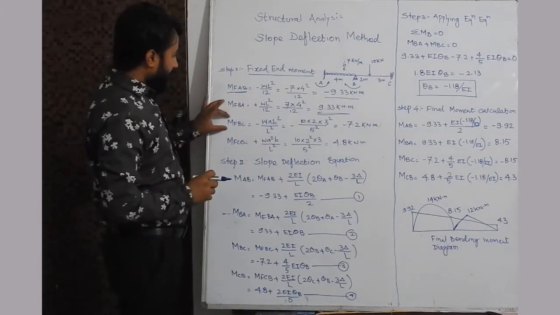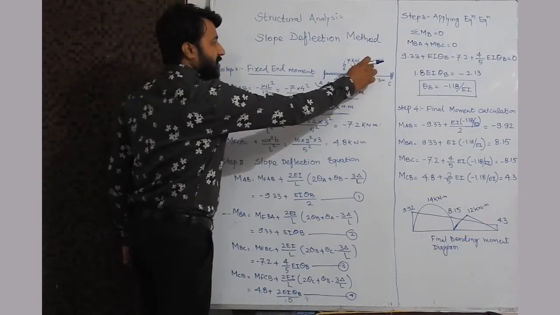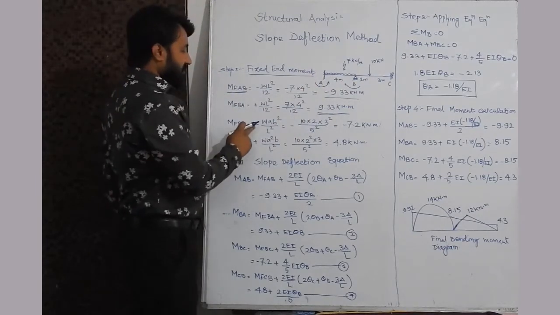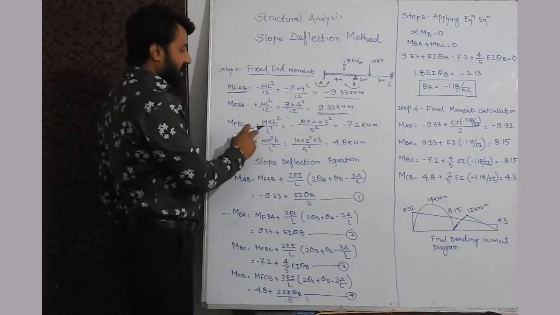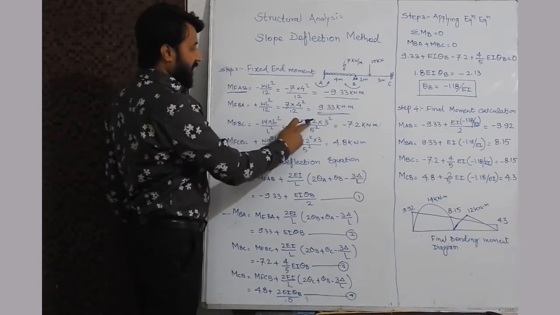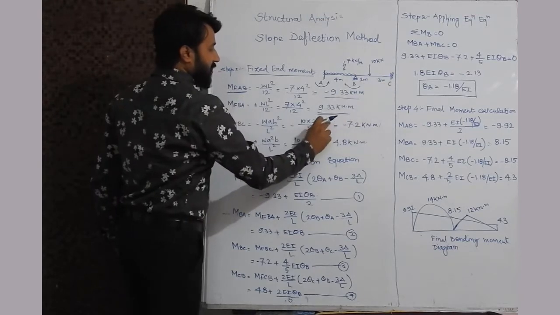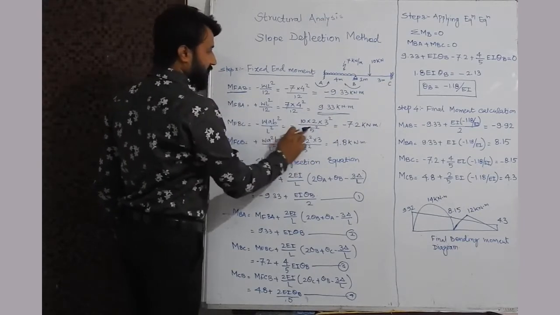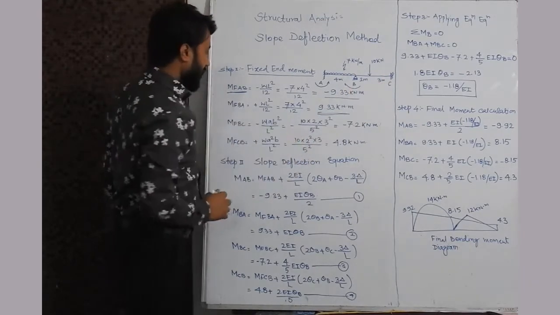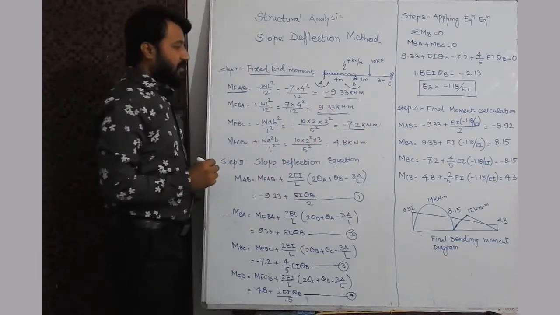Now the fixed moment BC. BC carries the eccentric point load, so the value is minus W A B square divided by L square. The value of W is 10, A is 2 meter, and B is 3 meter. So 3 square divided by the total length 5 square, and we get MF BC as minus 7.2 kilonewton meter.